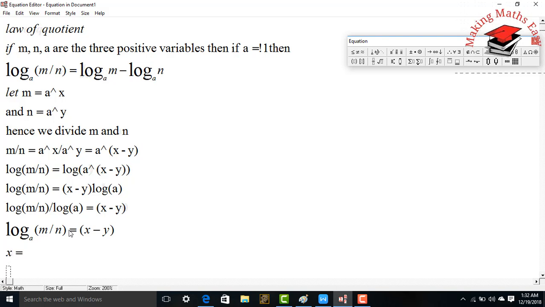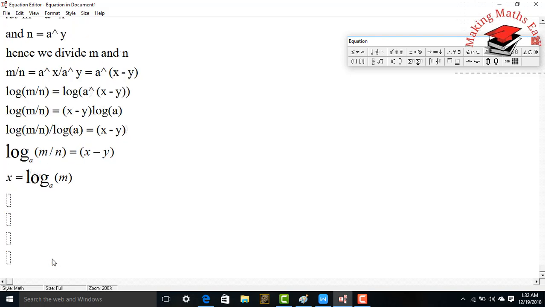So here m is equal to a raised to x, so x will be equal to log of m base a, and similarly y will be equal to log of n base a. So we substitute these values in this equation.